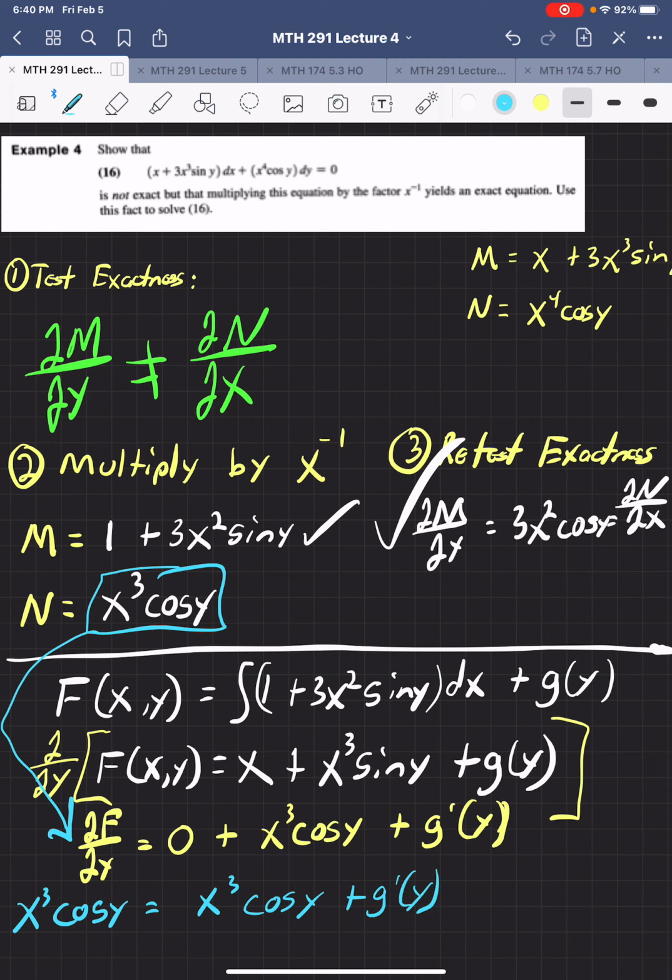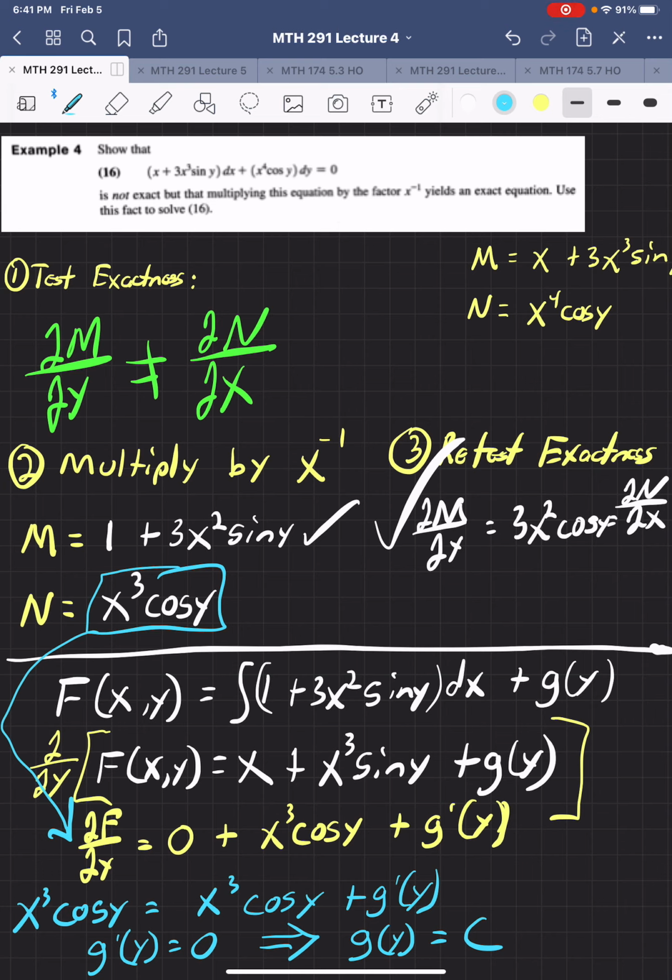All right, so what does g prime equal? It just equals 0. From here we integrate to get g, and you just end up with g of y equal to some constant c.